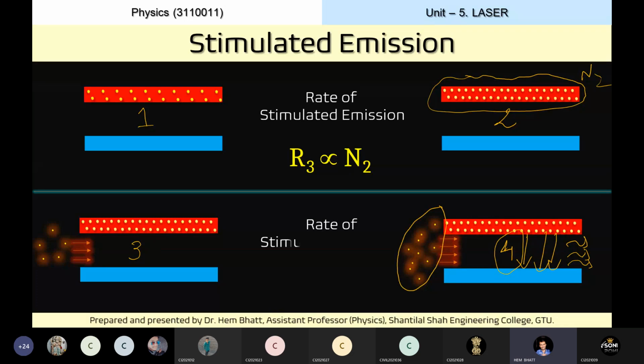So rate of stimulated emission depends on E. What is E? Number density of photons. It is energy, right? So we should say photons.